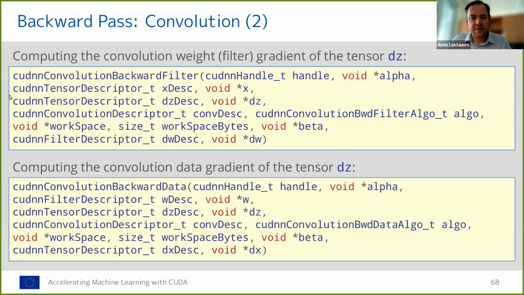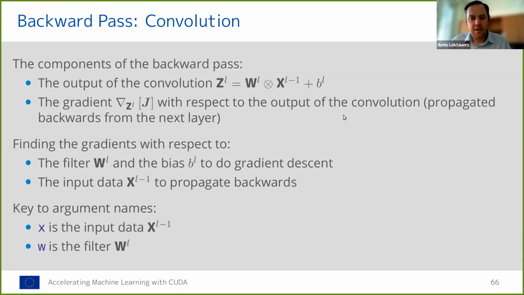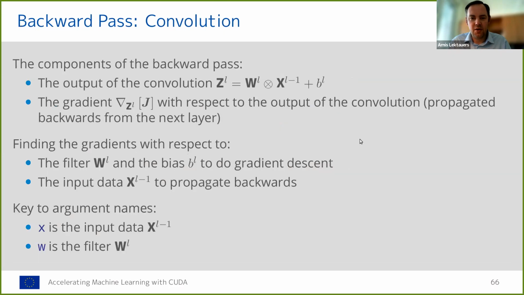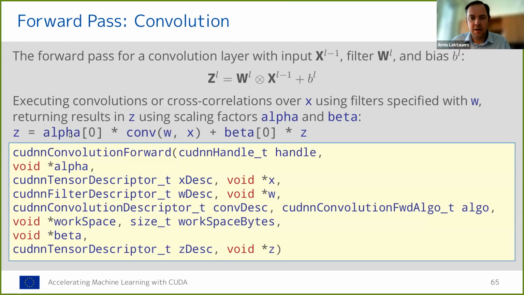So we can see that these functions are quite complex with multiple parameters, because all these functions calculate not only the convolution forward or backward, but also provide additional parameters alpha and beta for scaling of results. So that is also an additional reason why the number of parameters is so large.